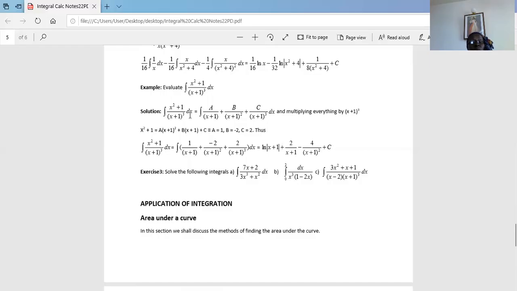That would give you a over y plus b over y squared plus c over y cubed. Because it's cubed, we expect 3 of these numerator values. The first one is over x plus 1, then the next one, x plus 1 squared, then the next one is c over x plus 1 cubed.